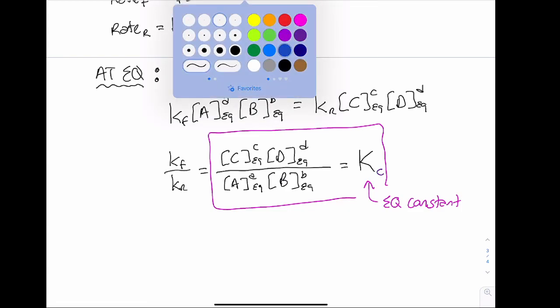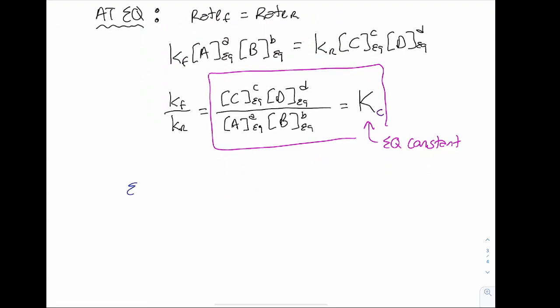Using the example that we had previously, I had N2O4 going to 2 NO2s. These are both gases. And then this was reversible. I didn't leave myself any room. So eventually it's going to reach equilibrium.